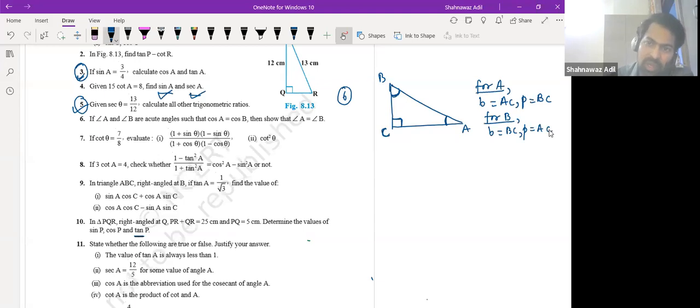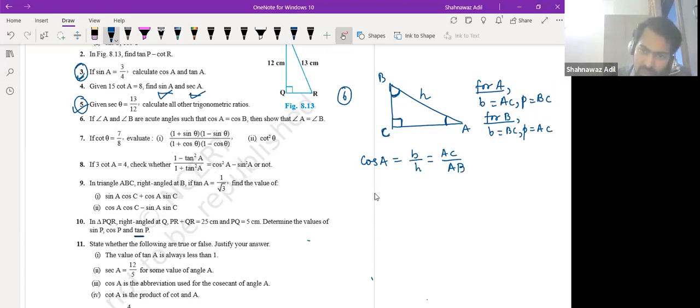H is always the same, this is H, which is AB. So cos of A is B by H, which is AC by AB.